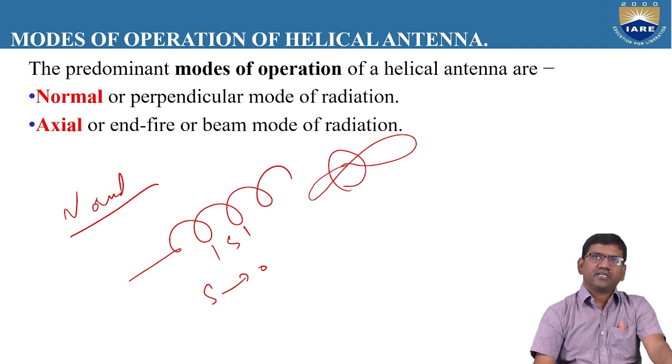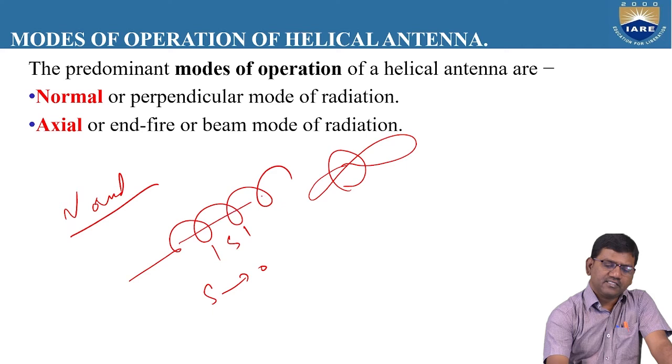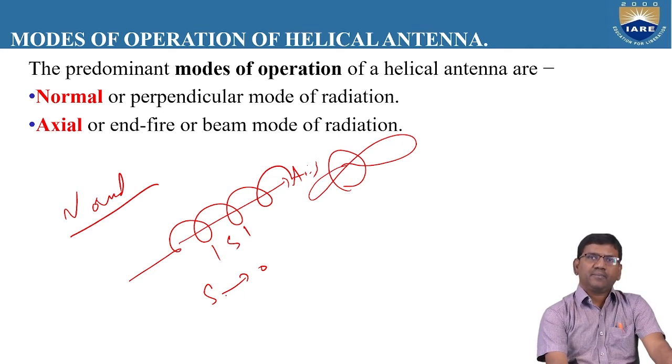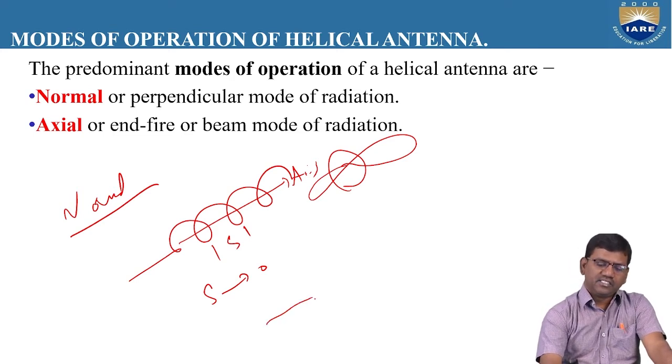That means it is perpendicular to the axis. Whenever this helical antenna is compressed in such a way that the spacing between the turns tends to 0, the helical antenna is modified into a single loop.